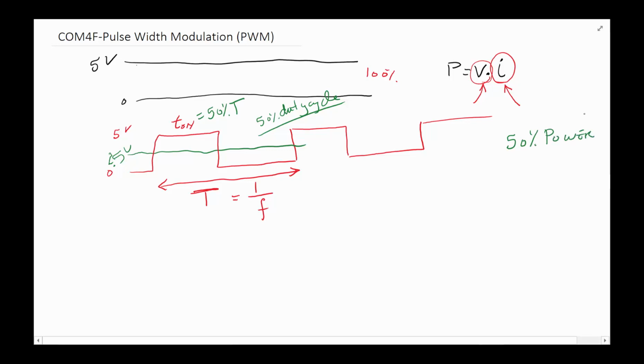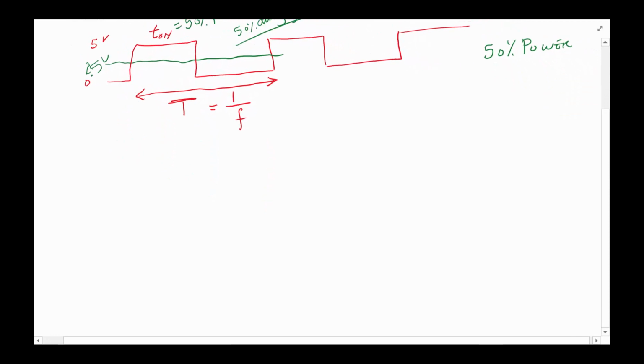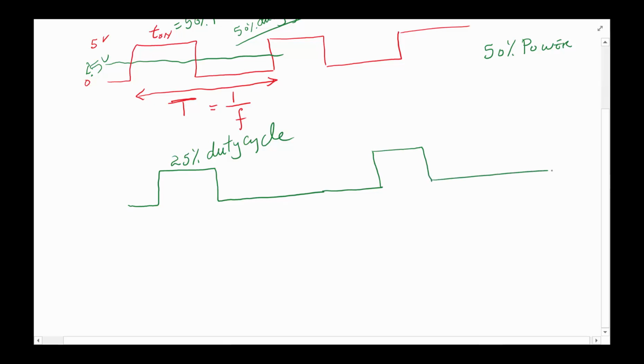So in this case, we're going to have 50% power. Let's carry this one more example and be more specific to get a little bit of a sense. Let's say we have a signal which is on 25% of the time, or what we call a 25% duty cycle, and then the off time is 75% of the time, and then it comes back and repeats itself again.